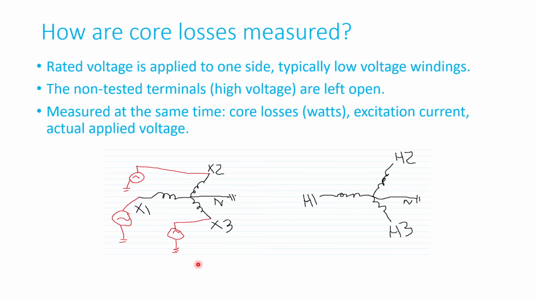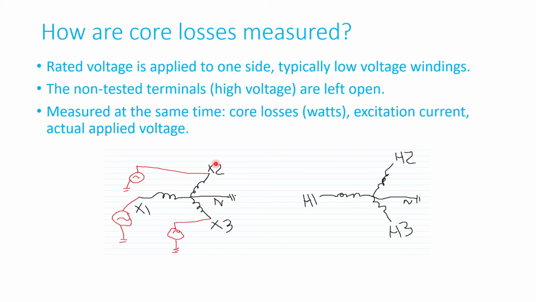But for simplicity, I'm assuming this is a grounded Y, 2-winding transformer. Obviously, the concept is the same. Once you understand the concept, it's not that hard to apply the same concept to other types of transformers.